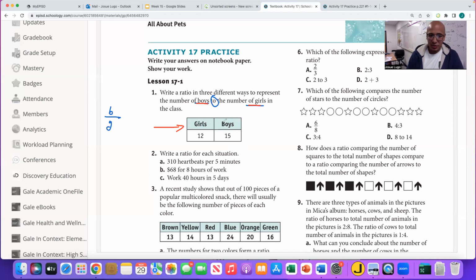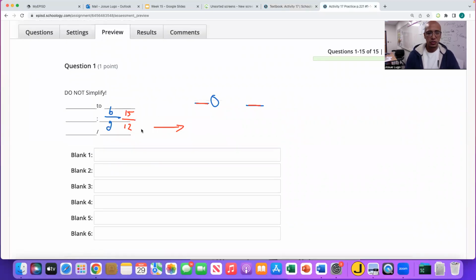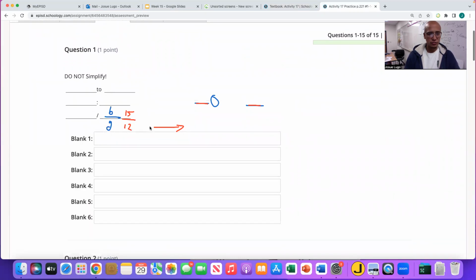So here I see the ratio of boys to girls. Boys is 15. I know it's the second thing in the table, but this is what needs to go on top. So boys would be 15 and girls would be 12. 15 to 12. Normally we can simplify that, but in our activity today, I think it's asking not to simplify. So let's go ahead and put that on our Schoology submission.